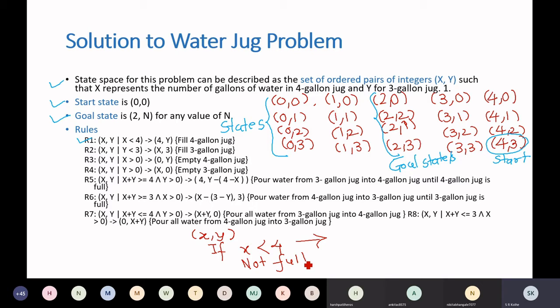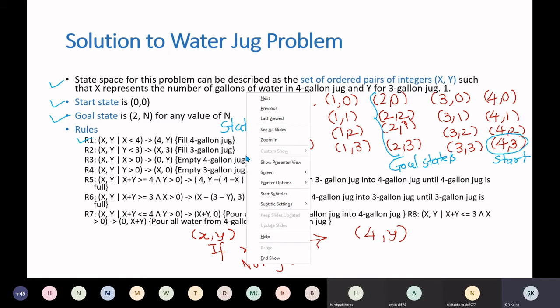So if it is not full, and I fill it completely, that will give me (4, y). So what is the meaning of this step in words?